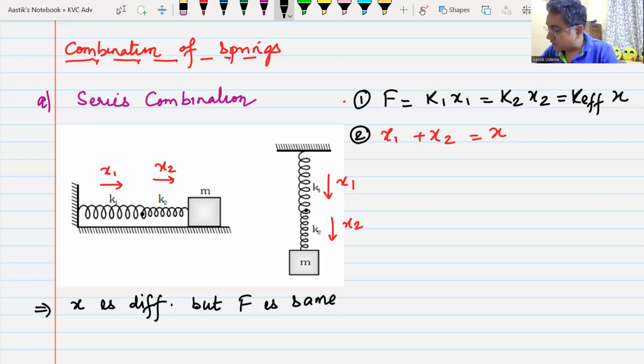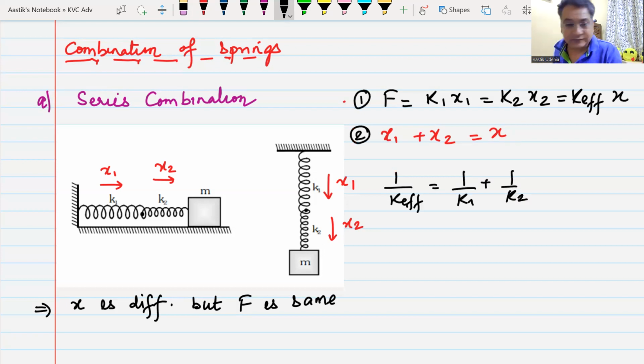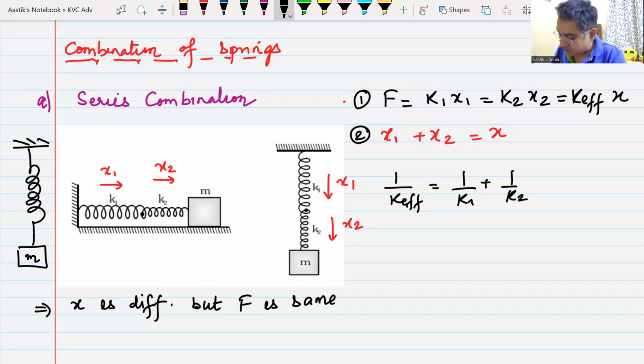Using equations 1 and 2, I can understand that 1 by k effective will be equal to 1 by k1 plus 1 by k2. Yes or no? So basically I can replace these two springs by a single spring, and the spring constant of that effective spring becomes k effective.